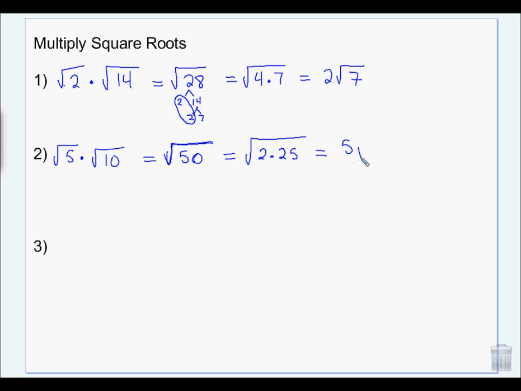So I can take the square root of the 25 and the 2 gets left behind. That goes to there. And if you didn't see it, there's your pair of 5's.